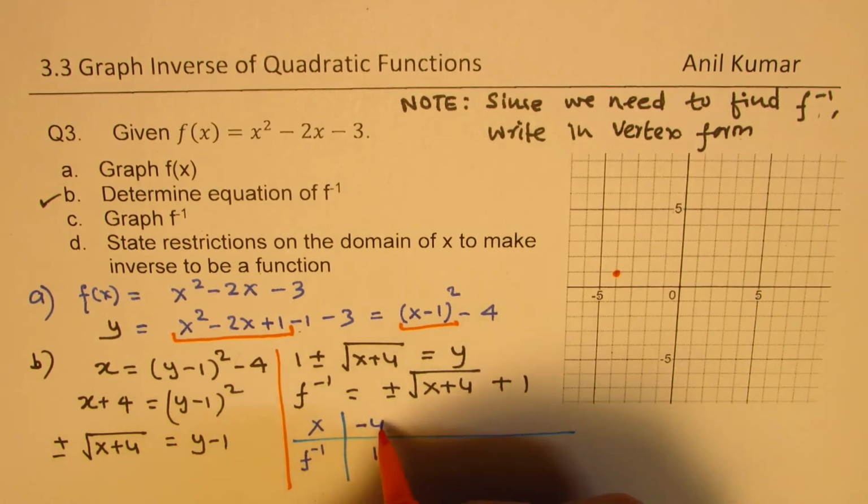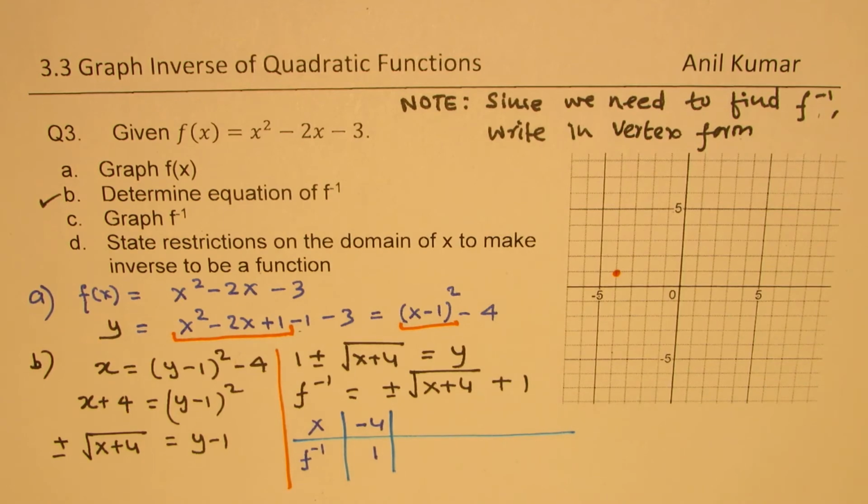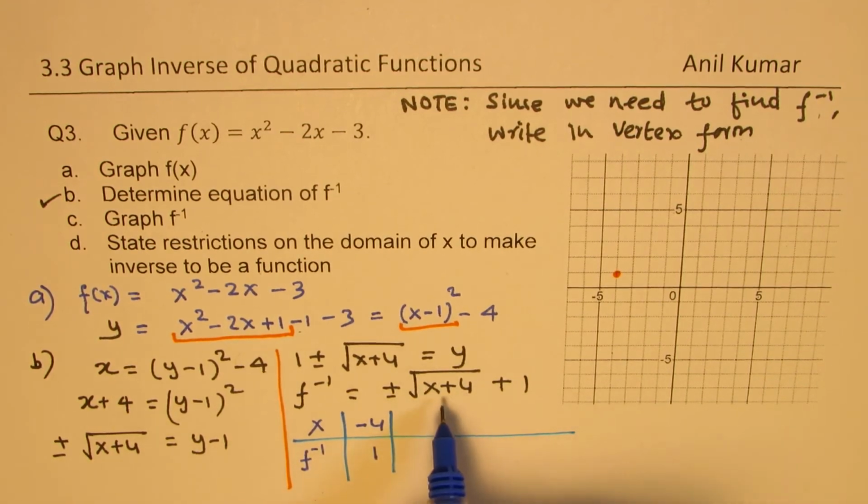Now, let's calculate. The next good value will be to take x as minus 3, right? So if I take minus 3, in that case, this will be 1, right?